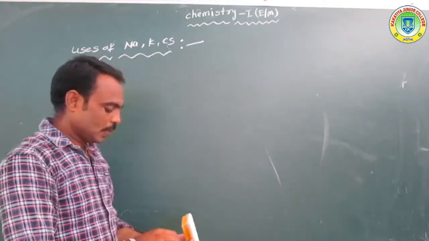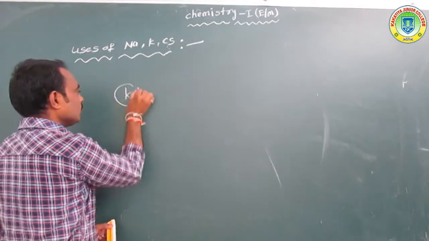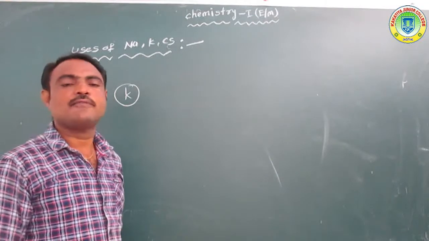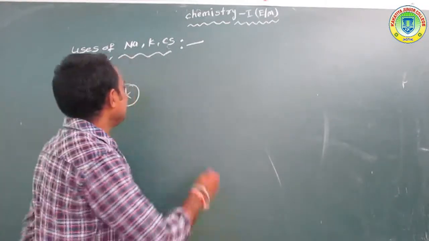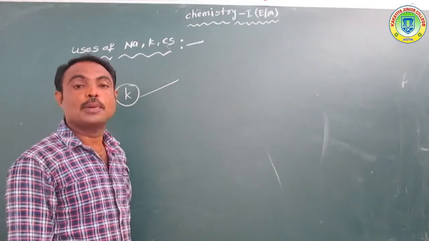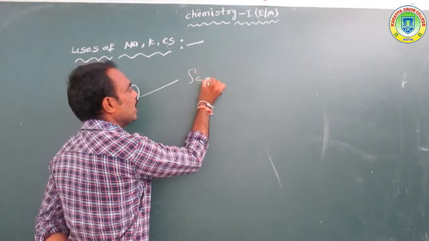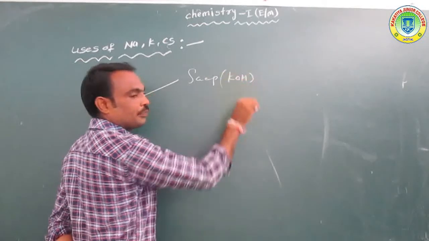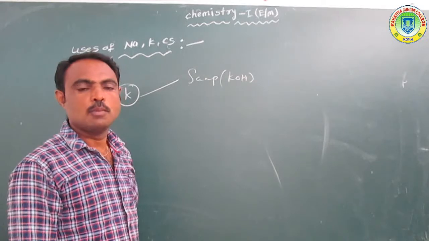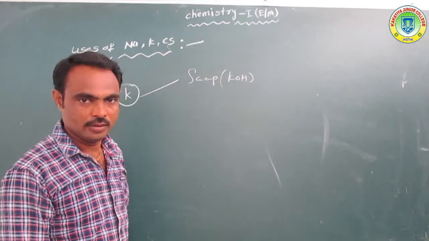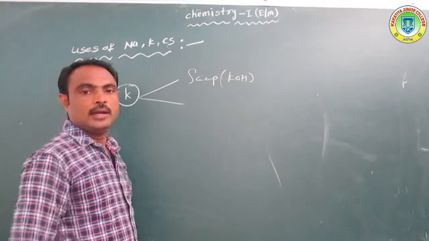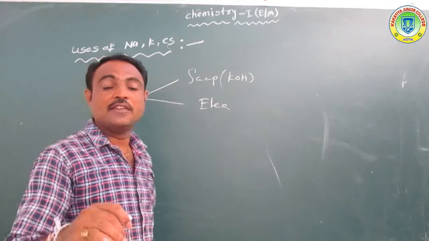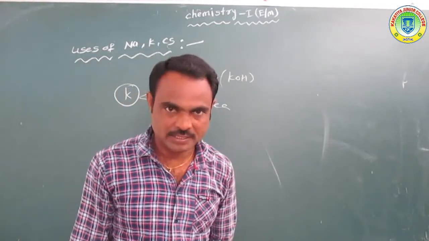Next, further, we discuss potassium. What is the use of potassium? It is mainly used for the preparation of soap. Which compound? KOH. KOH means potassium hydroxide. Next, it is used mainly in different types of electric cells.